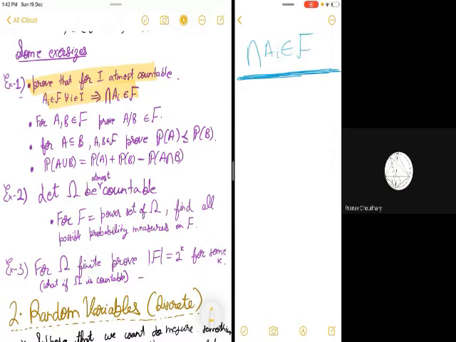What do you mean by at most countable? So we say that a set S is at most countable, just to make it clear, it just means that S is countable.